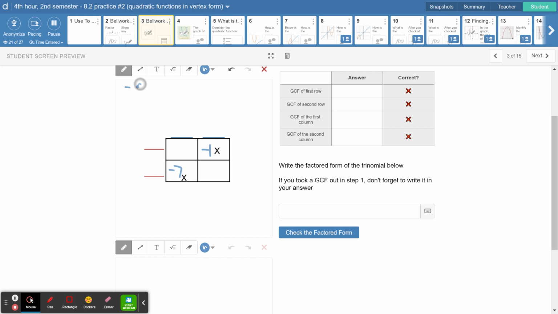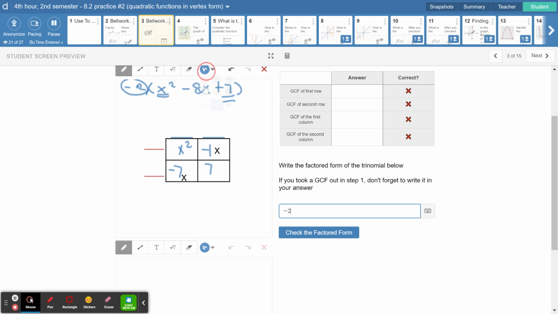Remember, we had a simplified trinomial. This simplified trinomial, this is now your first term. This is now your last term. Now this -2 does not appear until the final answer.